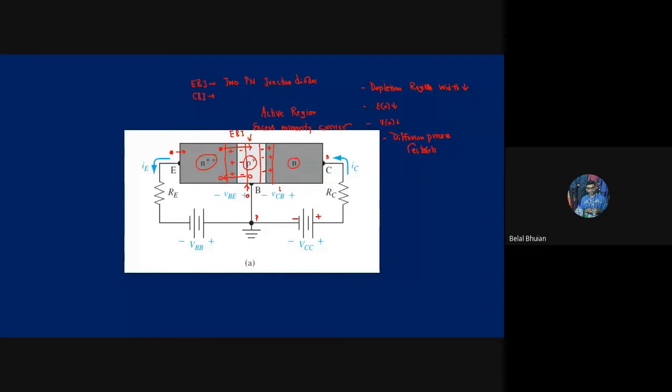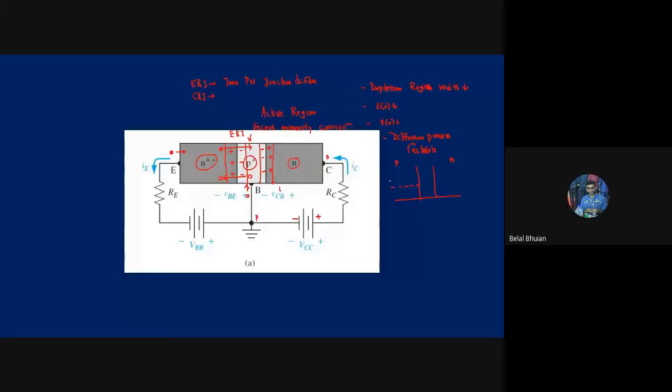This is the depletion region, this is the P side, this is the N side, and this is np0, the thermal equilibrium electron concentration in the P side, and this is pn0, the thermal equilibrium minority carrier concentration in the N side.